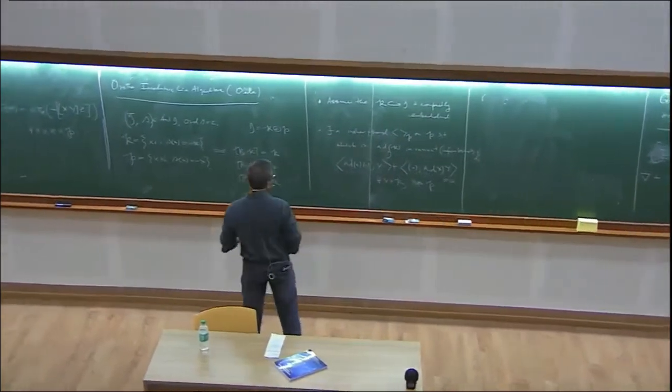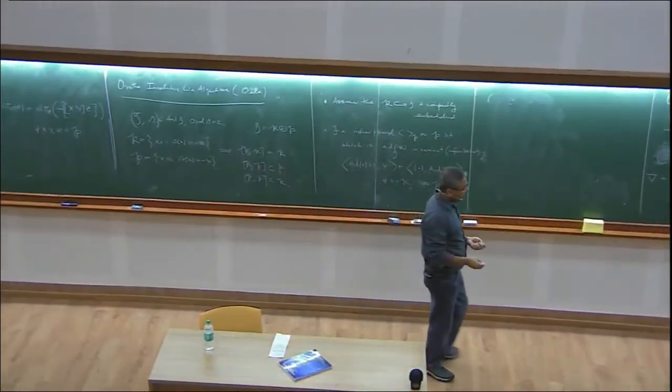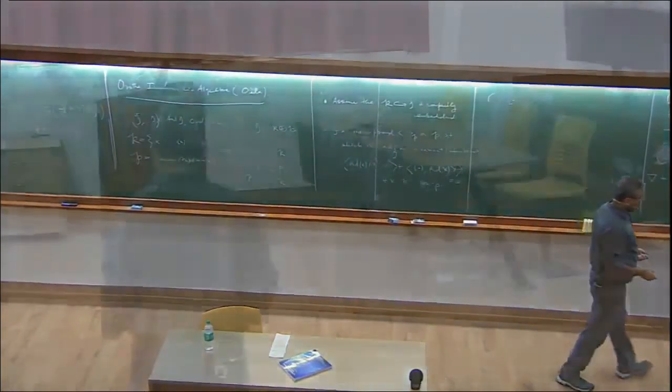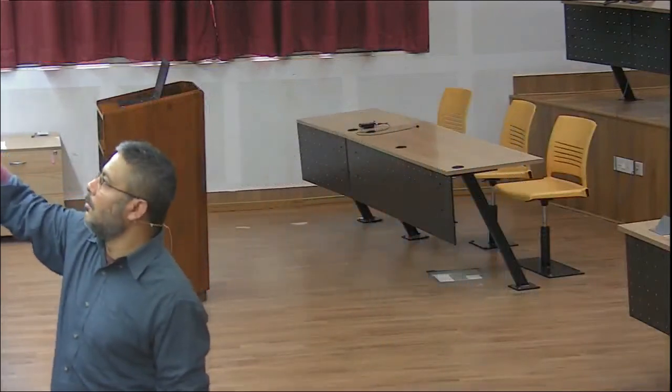And conversely, given any orthogonal involutive Lie algebra, you get a simply connected Riemannian symmetric space. I'll just quickly say how.